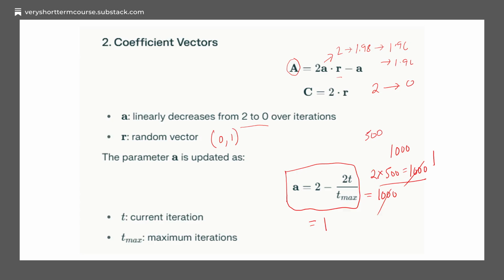So that is a very simple thing. Then for the value of r, a random value will be generated within 0 to 1. This a and this a are the same. So as a result of this equation, you will get the value of a.